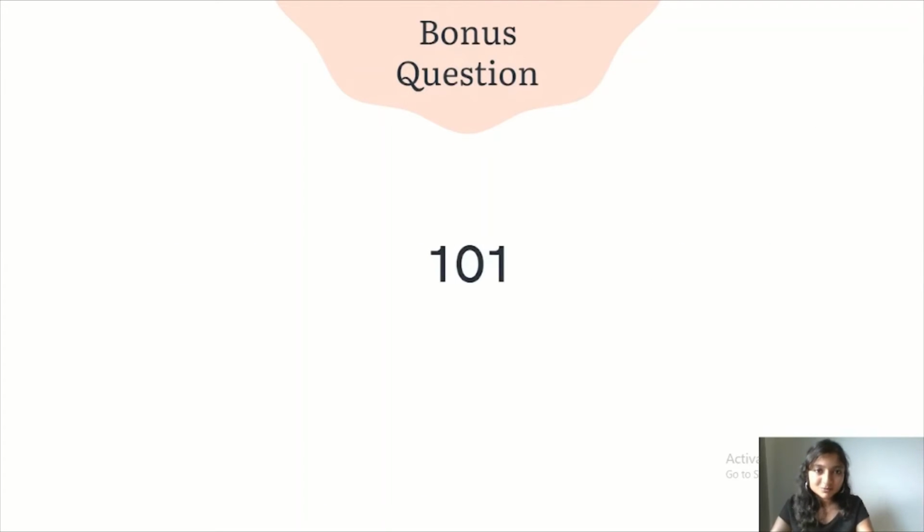Now we come to the exercise bonus questions. Please take pen or paper, and if you can do it mentally, that's alright. But I would really suggest that you write this down so you would also know if there are any kind of writing mistakes. So 101 is called as, take 5 seconds or pause the video.